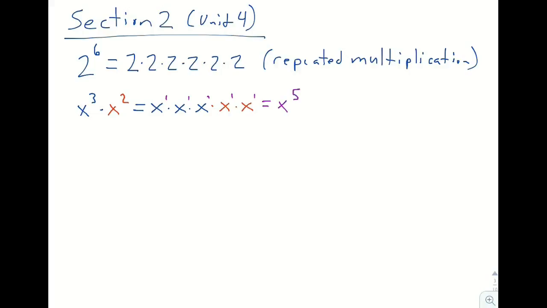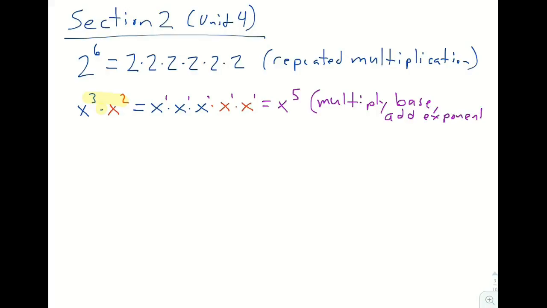So when we are multiplying these bases, we are actually adding the exponents. So we might even write that down as a little note here. Multiply base, which is the main numbers, and that means add the exponents.